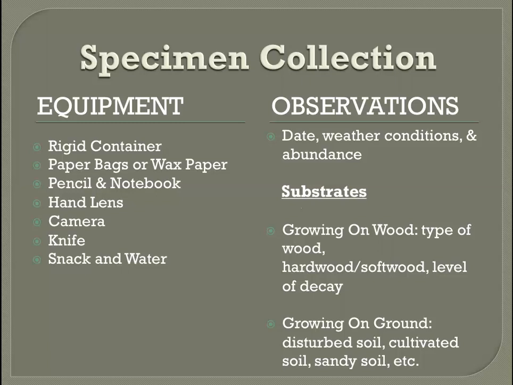A hand lens or a magnifying glass is very useful, because you can have a look at the fruiting bodies up close, and there are features like a remnant of the partial veil. Remember that annulus hanging down in that Amanita picture?